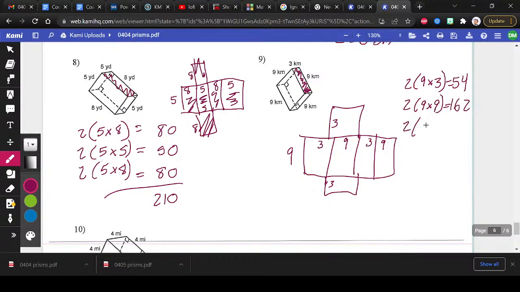And then 2 times 9 times 3, which is 54. So adding all of those up, we've got 54 plus 162 plus 54 gives us 270 kilometers squared. I forgot on the last one to put down yards squared. Sorry about that.